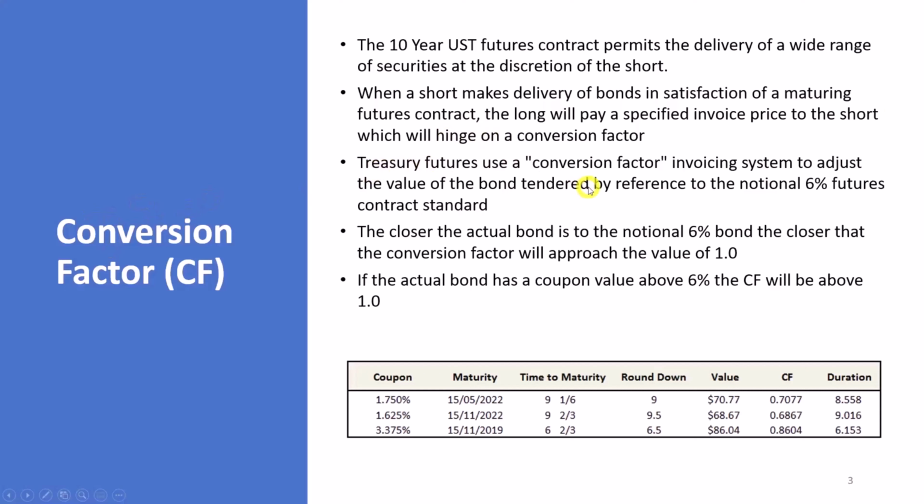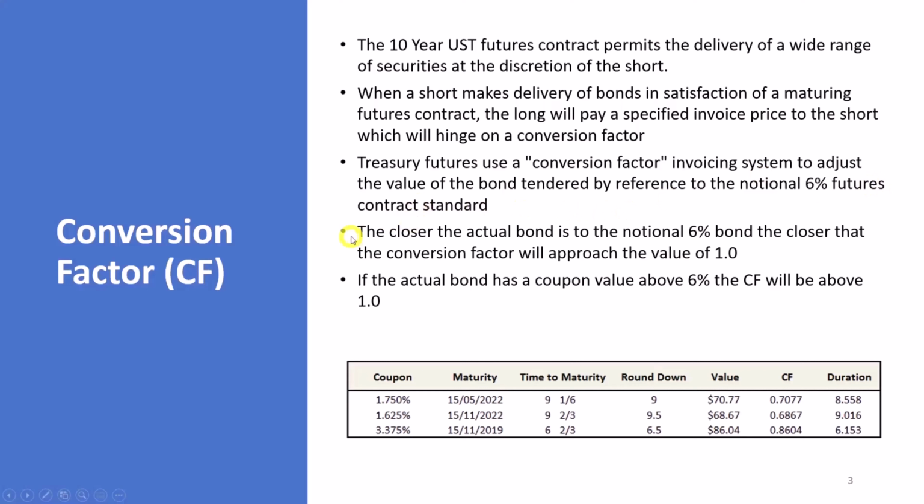So the conversion factor invoicing system adjusts the value of the cash bonds which have been tendered, by making reference to the notional 6% bond, which is the standardized bond within the futures contract.